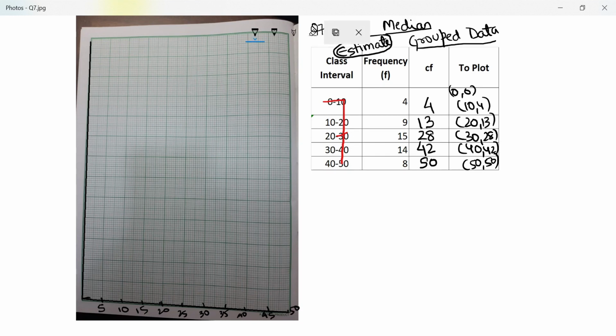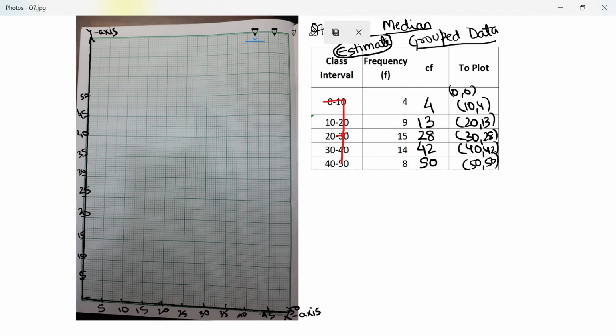On the y-axis again I have to go up to 50, and I have more space, so I can go 5, 10, 15, 20, 25, 30, 35, 40, 45, 50. This is the y-axis, and that's the x-axis.